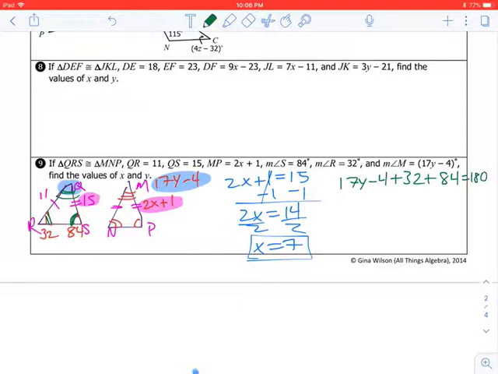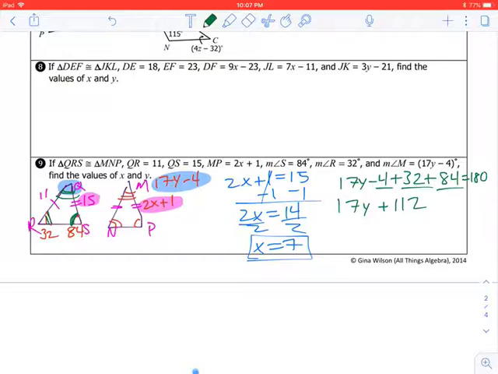So let's go ahead and combine like terms. Got 17y, 32 plus 84 is 116. 116 minus 4 is 112. Might have to check my math on that.